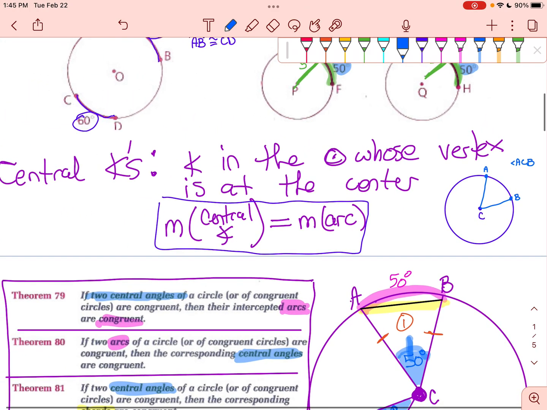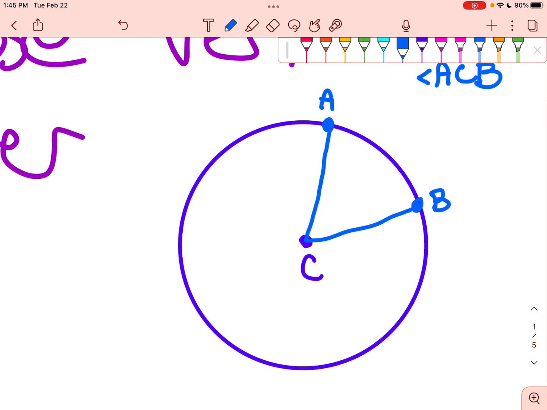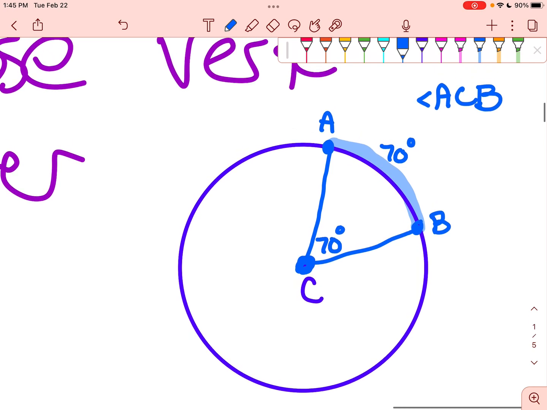We call that a central angle because the center is the vertex of the angle. Now, if I was to tell you that this angle is 70 degrees, the arc is also 70 degrees. So if angle ACB is 70 degrees, then arc AB is also 70 degrees.